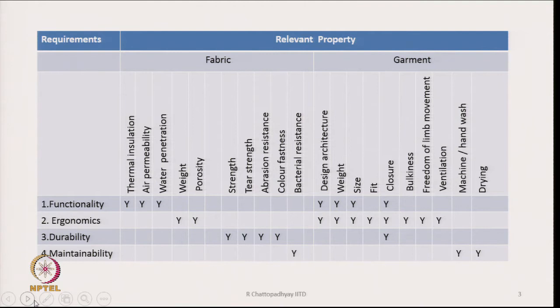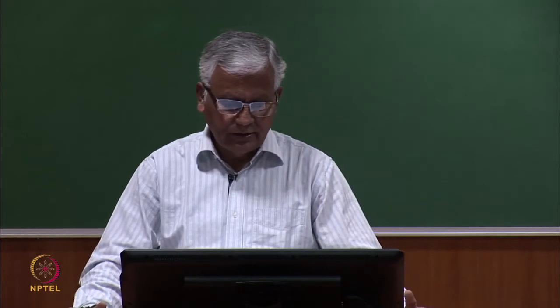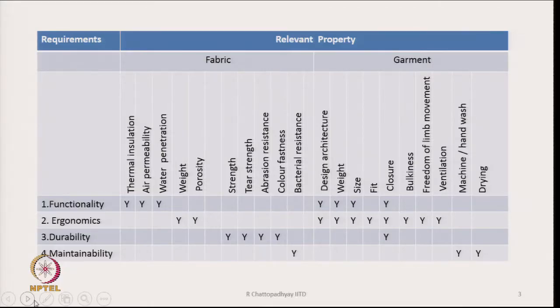Then durability. What properties of the fabrics or the garments are relevant from a durability point of view? Durability mainly depends upon strength, tear strength, abrasion resistance. Strength basically means tensile strength, color fastness, and the closures that we use.